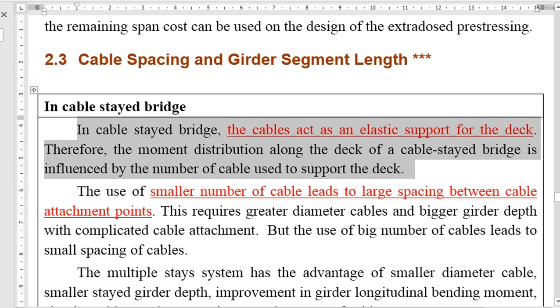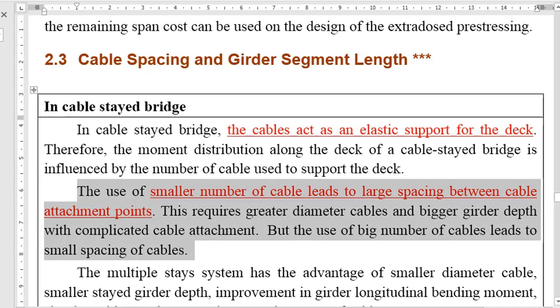Cable spacing and girder segment length. In cable stayed bridges, the cables act as an elastic support for the deck. Therefore, the moment distribution along the deck of a cable stayed bridge is influenced by the number of cables used to support the deck. The use of a smaller number of cables leads to large spacing between cable attachment points.